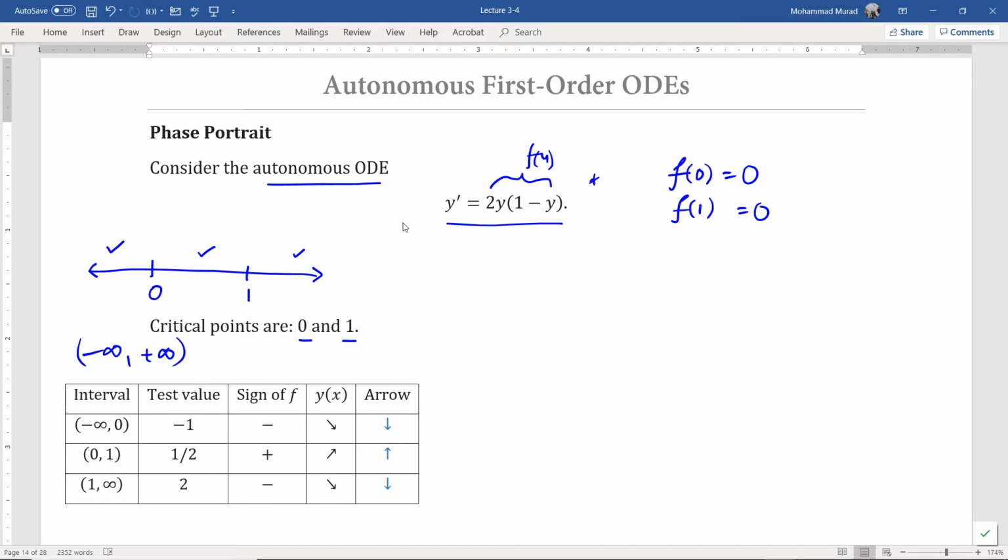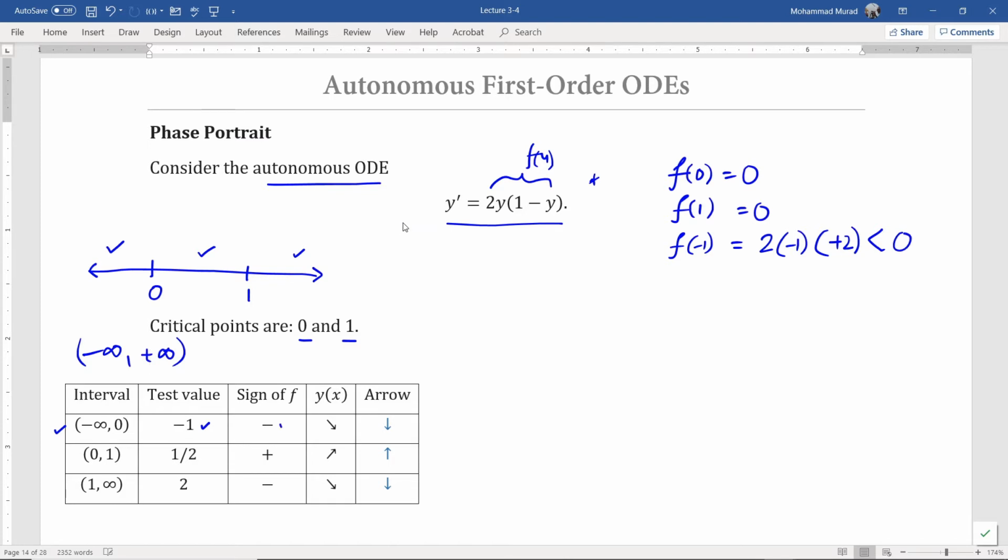Let's take some test values from these intervals. In the first subinterval, negative infinity to 0, we take negative 1 and we investigate the sign of the function f. If we substitute negative 1 into the function f, we obtain something negative: 2 times negative 1 times positive 2, which is negative.